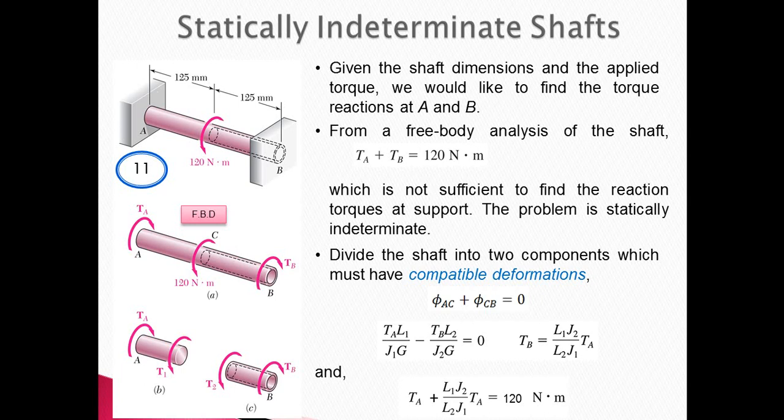Again, phi AC plus phi CB equal to 0 is called the compatibility condition or compatibility equation for the case of the shaft in picture 11. Solving the equation of equilibrium and the total angle of twist, we can obtain the values for TA and TB, which are the reaction torques at points A and B respectively.